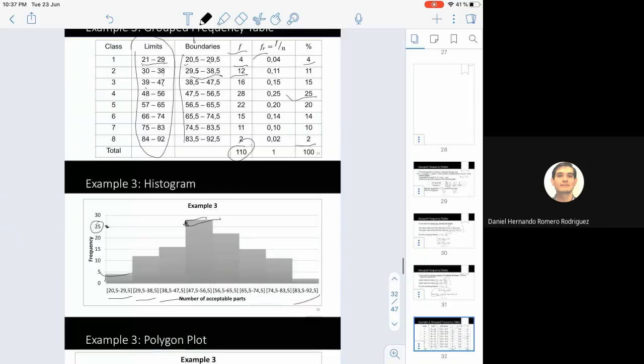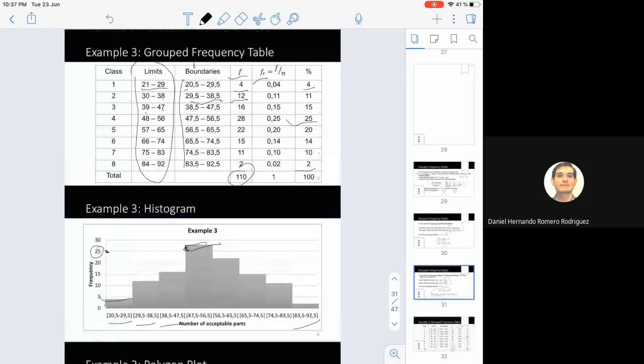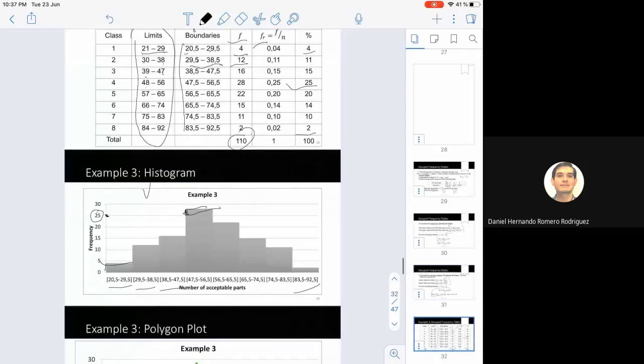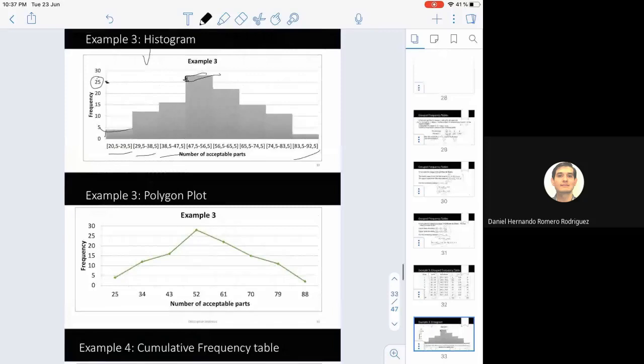So since we have the histogram, remember that there are other possible plots or charts that we can create. One alternative is the polygon plot. In the polygon plot, for each class, we take what we call the class mark. So what is the class mark?